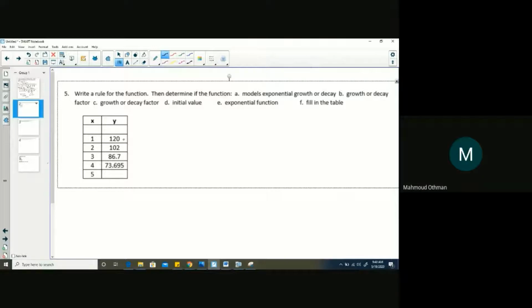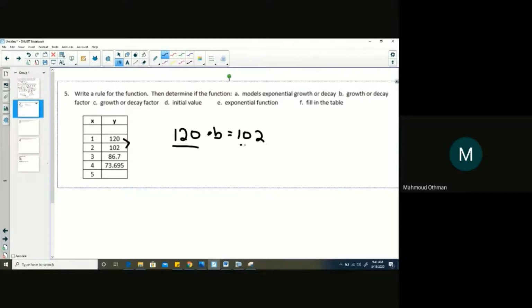So how do I get from 120 to 102? I need to figure out what number I multiplied by, because it looks like this is an exponential function, because it doesn't go by a consistent pattern of add or subtract, and it doesn't follow a 1, 3, 5 pattern, which would represent quadratic functions. So 120 times b equals 102.